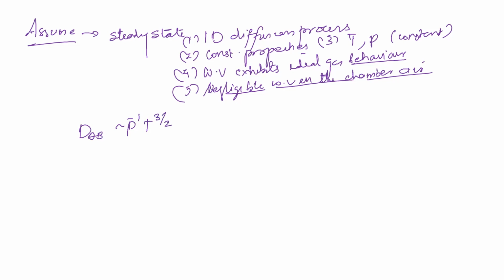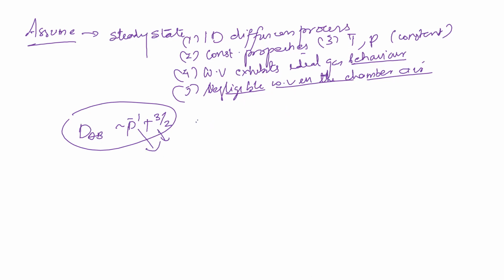We know the coefficient DAB is proportional to P inverse into T raised to 3 by 2. So if we are able to determine the P and T conditions, we can successfully determine the concentrations, right?